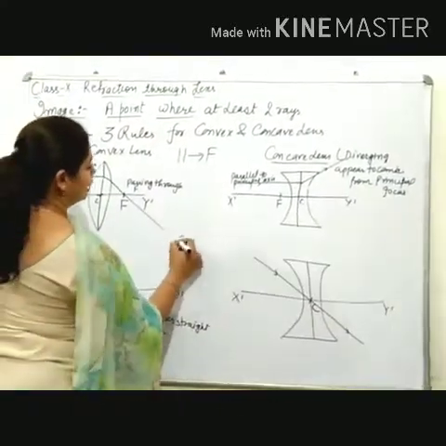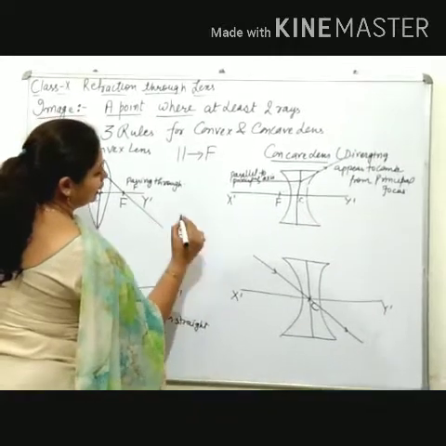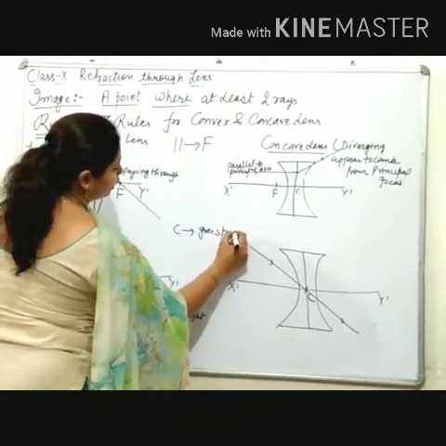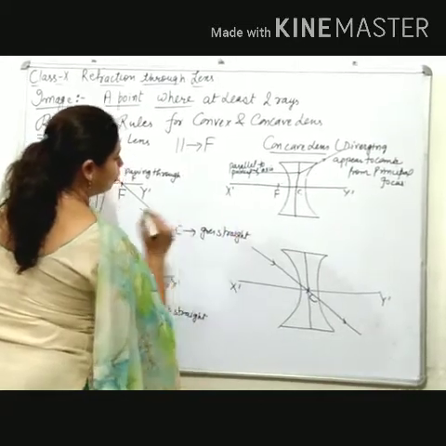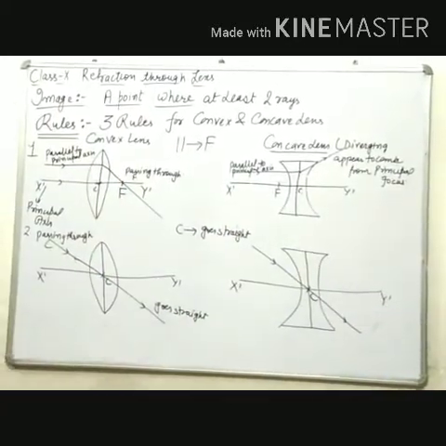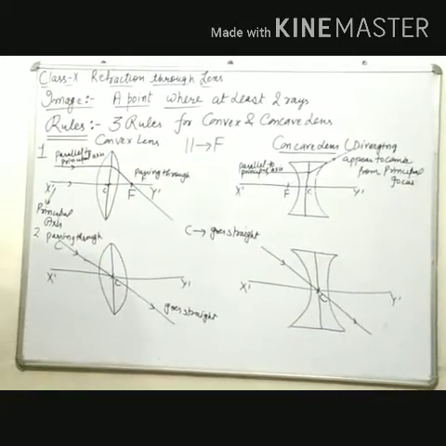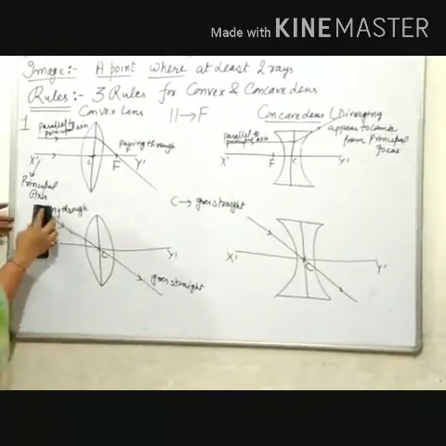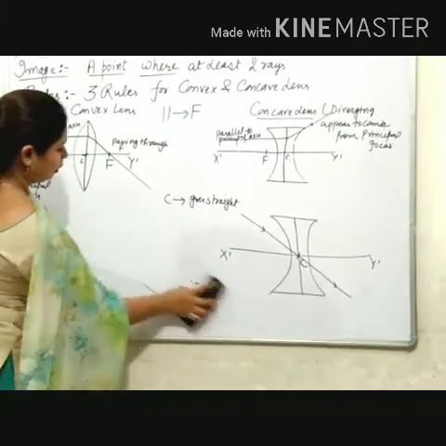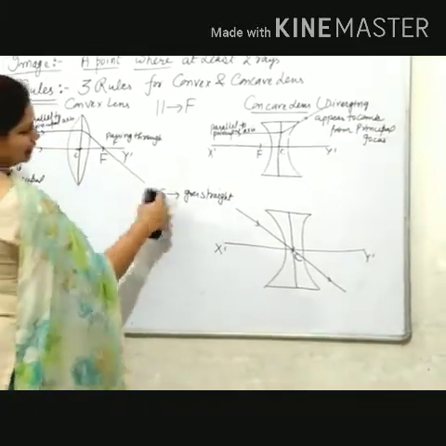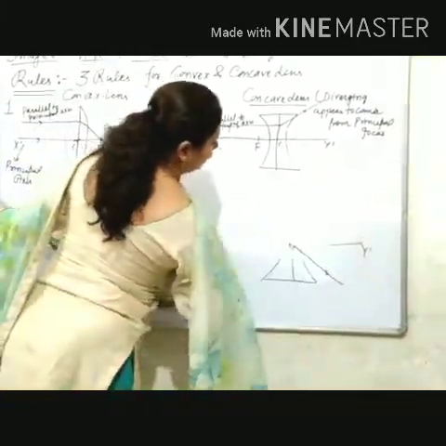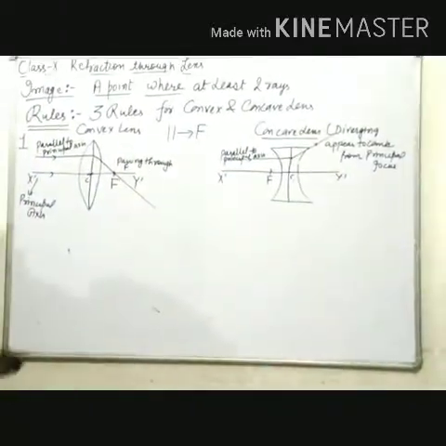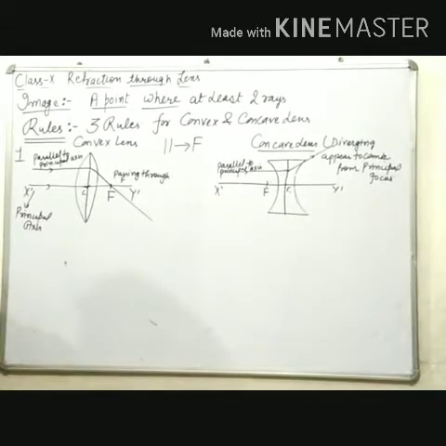If it is passing through C, then it goes straight without any deviation, without any bending. So it was rule number 2. Now rule number 3. This is the easiest one. If passing through C goes straight, the result is the same, either we are dealing with convex or with concave.